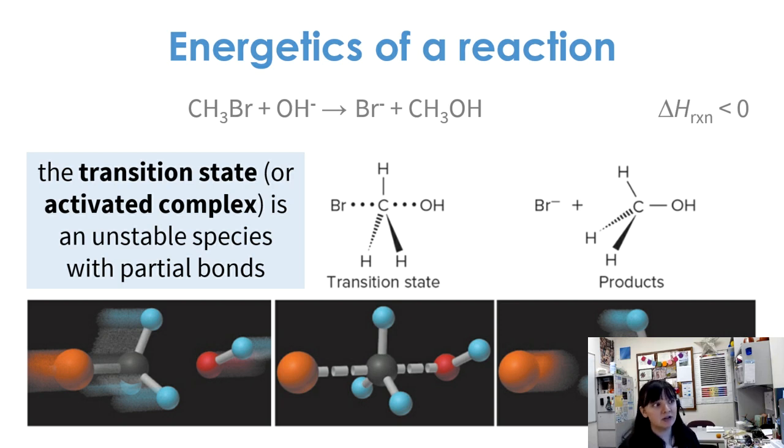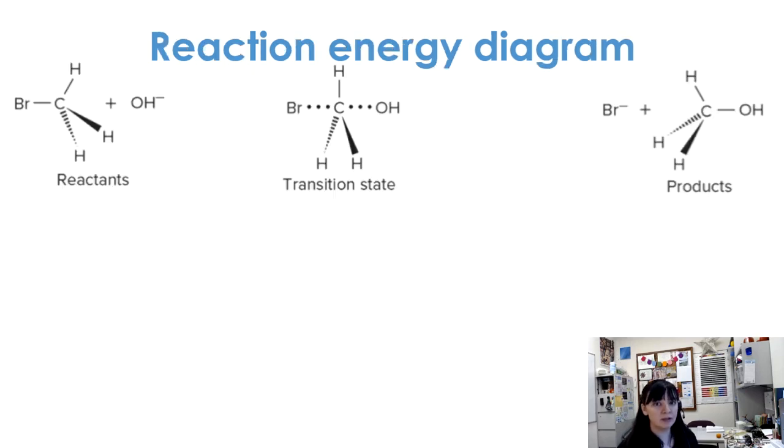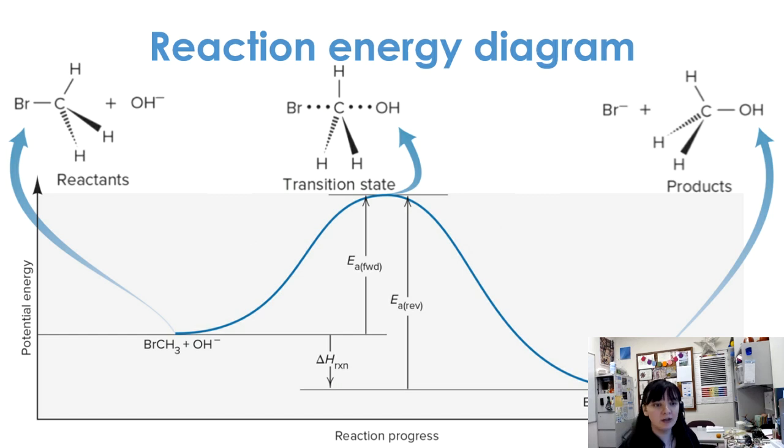But right, this is again an unstable species because it has these partial bonds in it. And so it's going to naturally be higher in energy than either our reactants or products that we have in this reaction. To map that out fully, to see the energy associated with each of those steps, we can represent that right here in what's called a reaction energy diagram or a potential energy diagram. So this shows the potential energy of our substances as the reaction progresses.